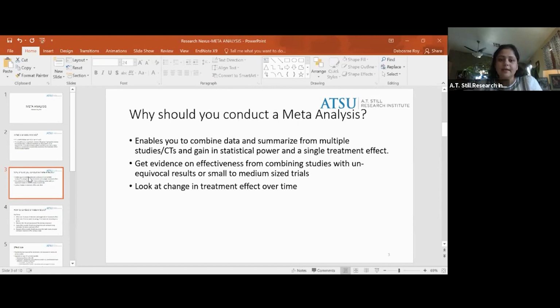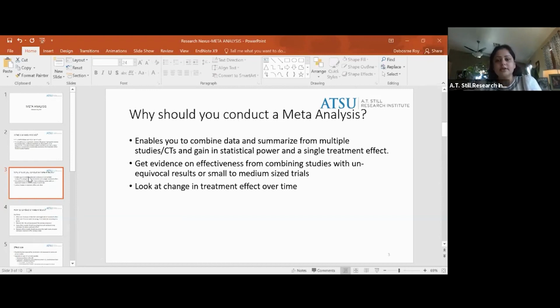We also get evidence on the effectiveness of the intervention by combining studies which have unequivocal results or have problems with sample size. They do not have enough strength of evidence in themselves, but when brought together, they can contribute to the overall evidence for that treatment.